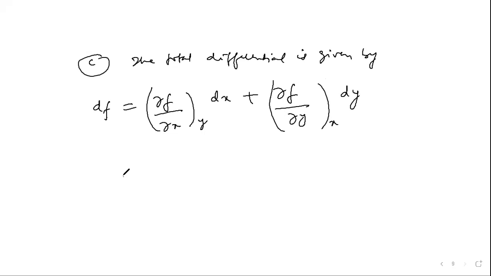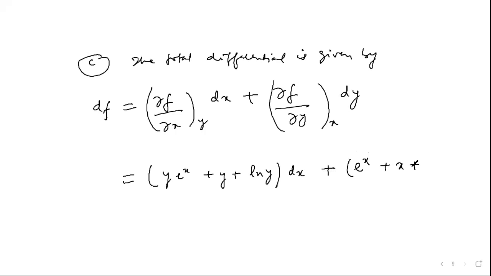Then we substitute simply the partial derivatives which we have obtained, which are first y e^x plus y plus ln y times dx plus e^x plus x by y times dy.